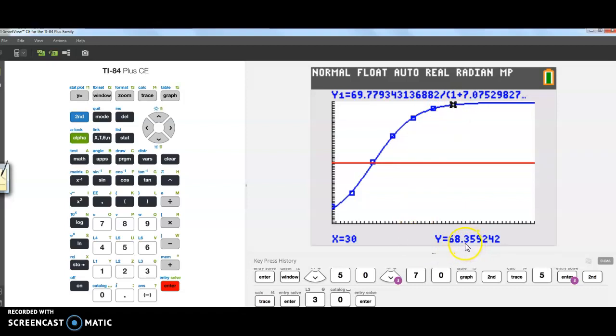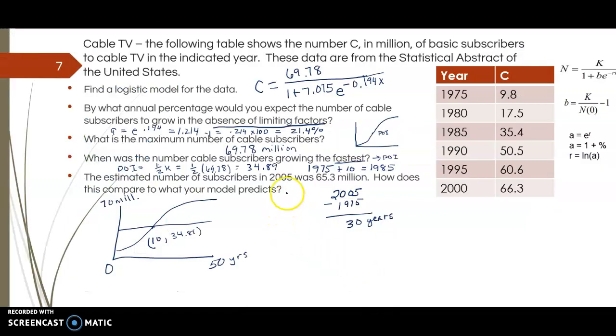Okay. This is easier in my mind than typing the formula and typing in 30 for the x, because we already had the formula stored in our Y equals and we already had the graph. We could have also used our table to calculate this, so we have 68.36.